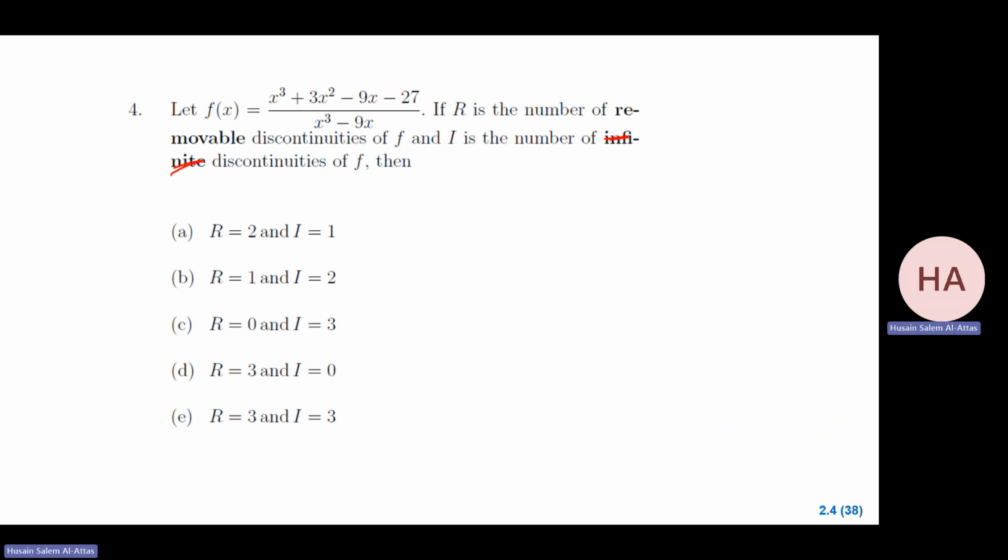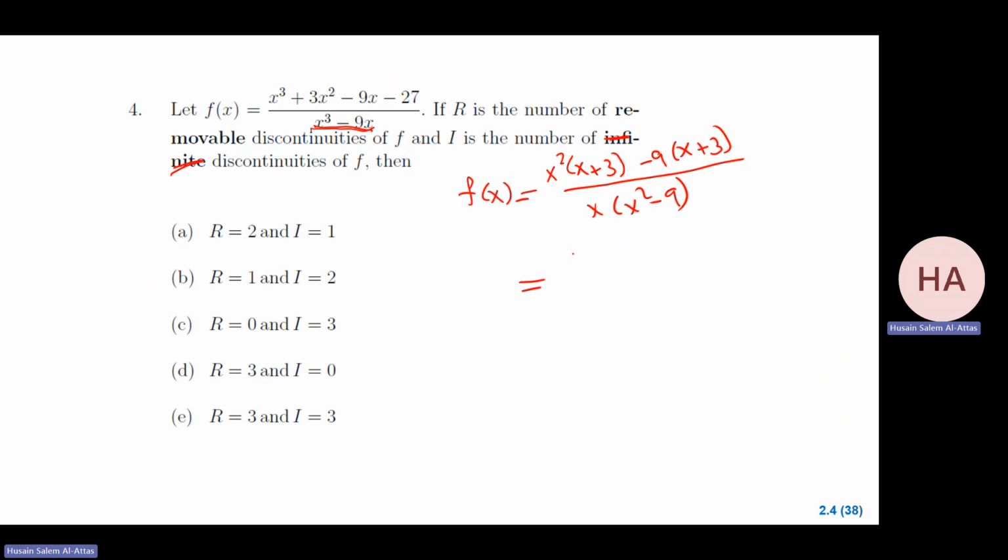When we have discontinuity, we have it at the zeros of the denominator. So let me first simplify the function. I need grouping. That will be x squared times x plus 3, minus 9 times x plus 3, over x squared minus 9.